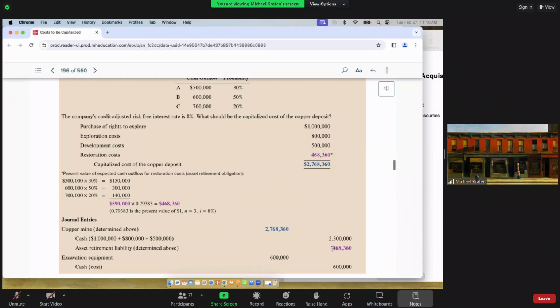Assets have gone up by the difference between these two numbers. Liabilities have also gone up by 468,360. And so if assets and liabilities have gone up by the same amount, assets minus liabilities, or the value of the company has not changed. No revenues, no expenses.